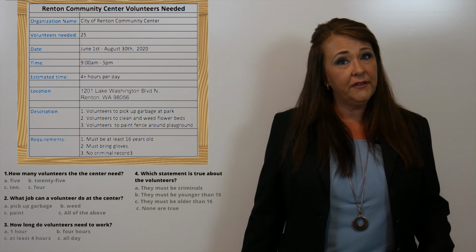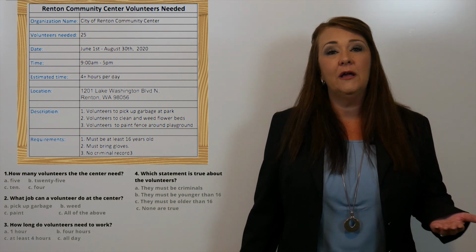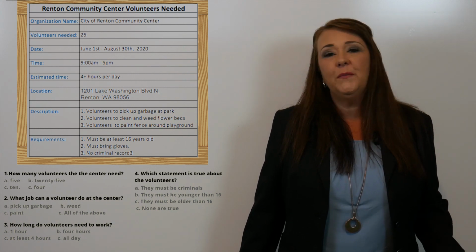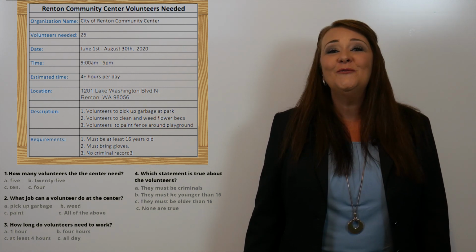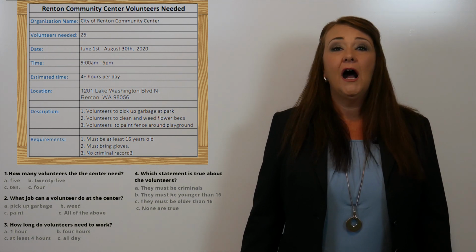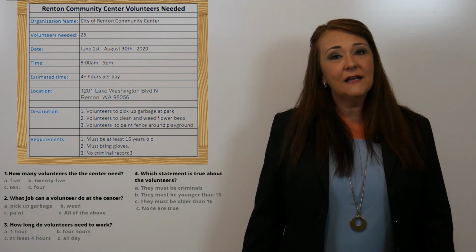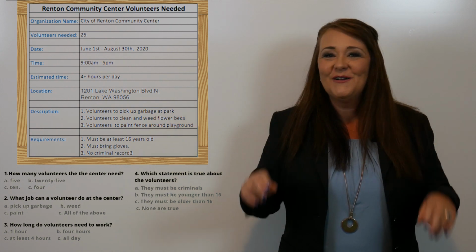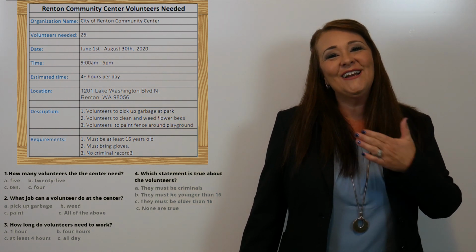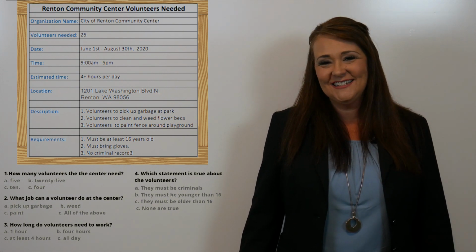Volunteers are people that are coming to help an organization for free. They will help because they want to do nice things for their community. So again, a volunteer is somebody who works but doesn't get paid. They do it out of the kindness of their heart.